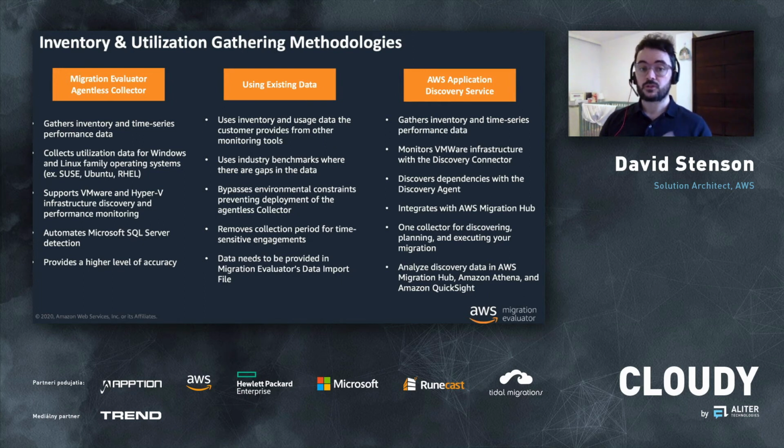What it does not provide is the ability to model costs and look at the recommendations for EC2 and EBS with the captured data. And that's where Migration Evaluator comes in. You can export the data very easily from Migration Hub, upload it to Migration Evaluator, and we'll be able to provide a result set back to you within a couple of days. So those are the three options for you.